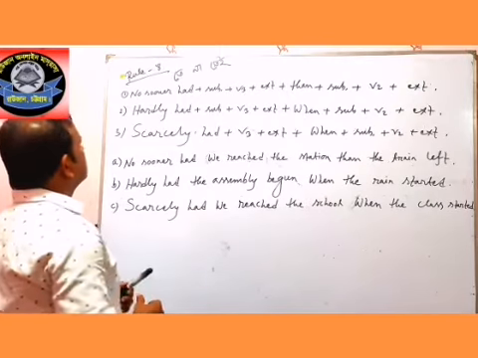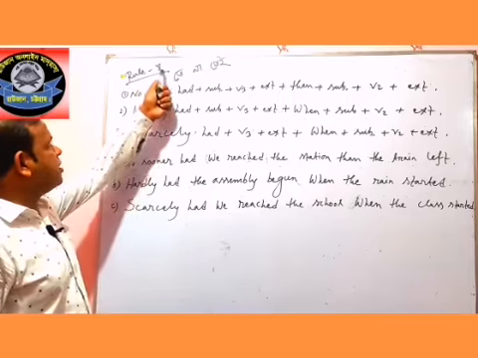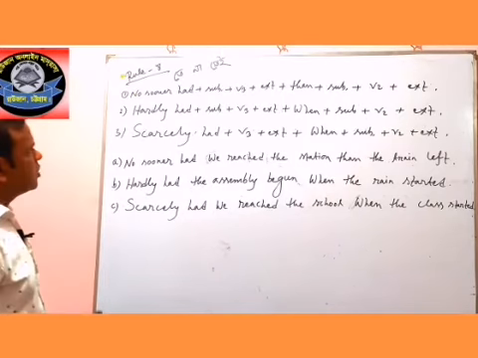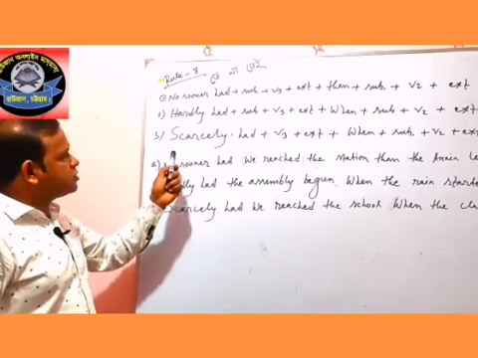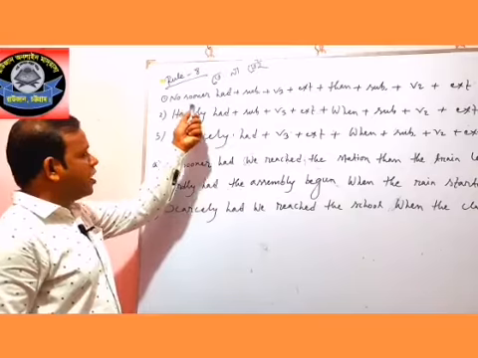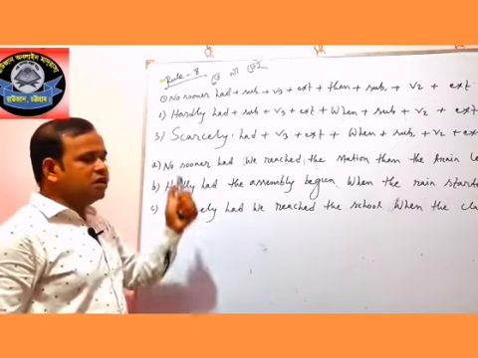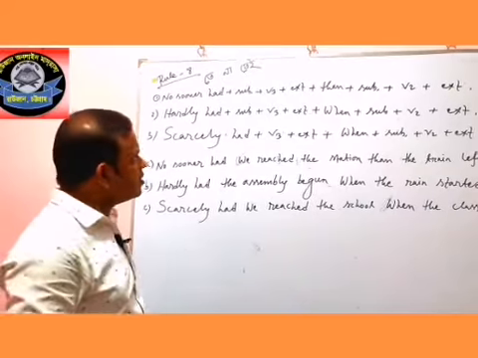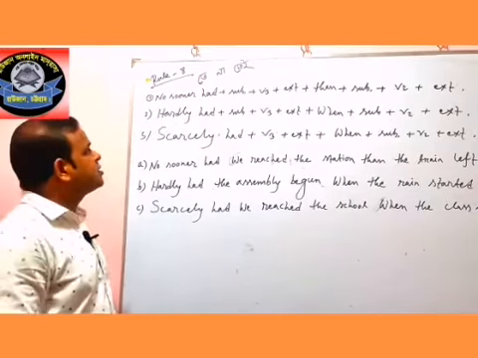Okay. Now you have to notice rule number 8. This rule is very important for you because most of the time we see such kinds of rules in the question paper in incomplete sentences.